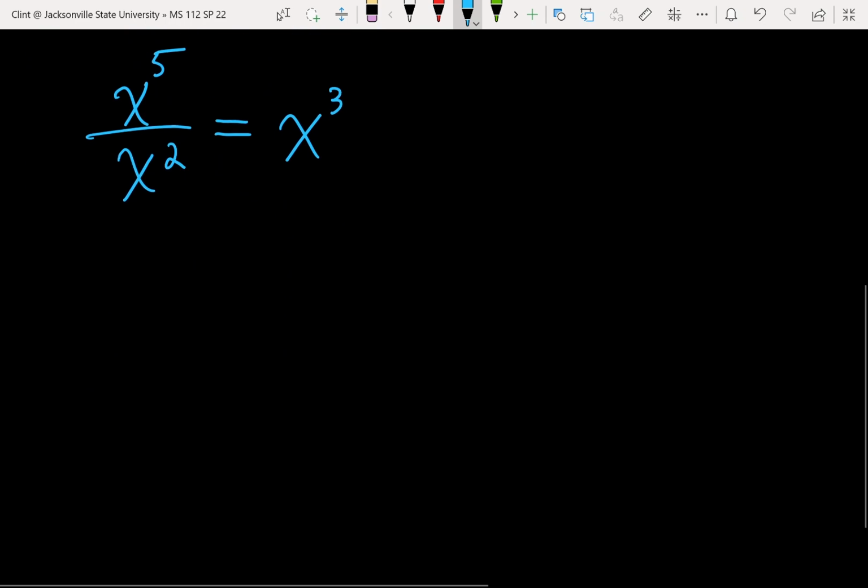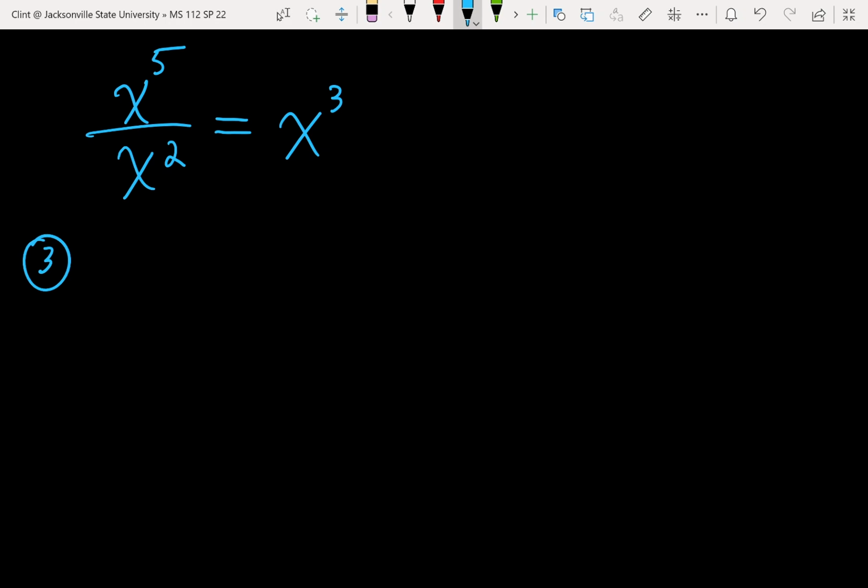One more property. What if we've got a term that has an exponent, then we're raising that to a power? So we would multiply, yeah, a rule there.